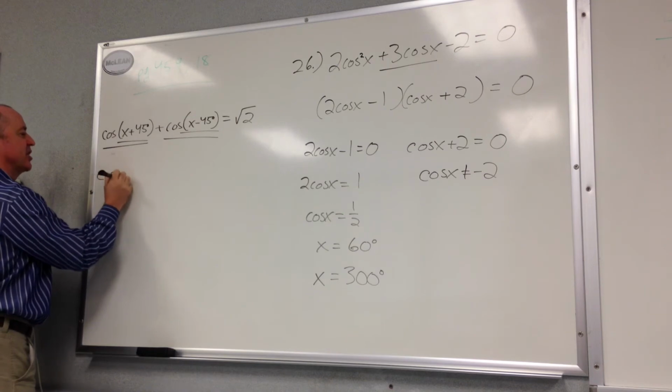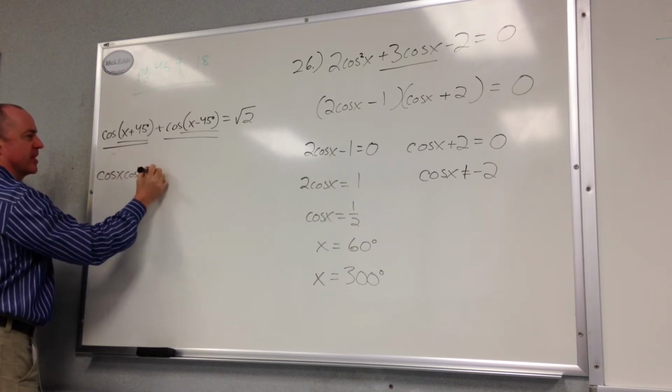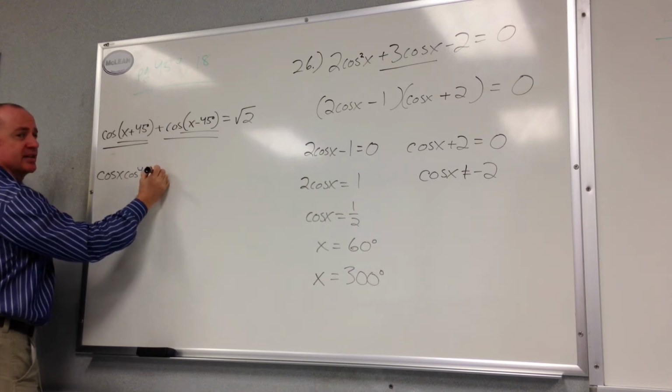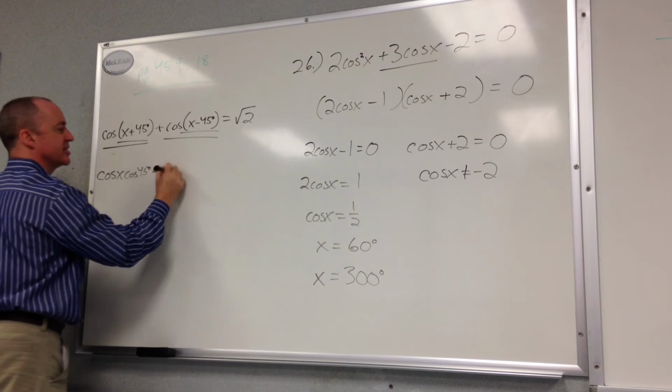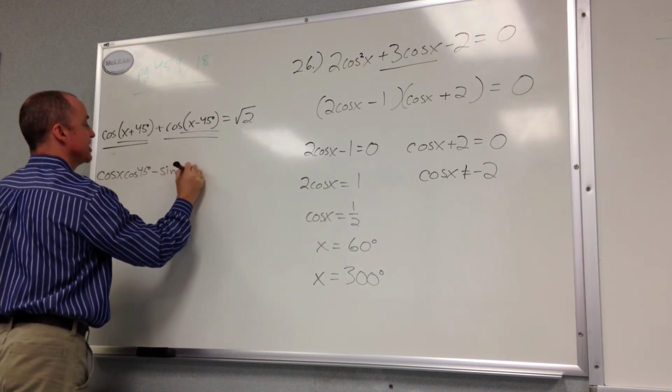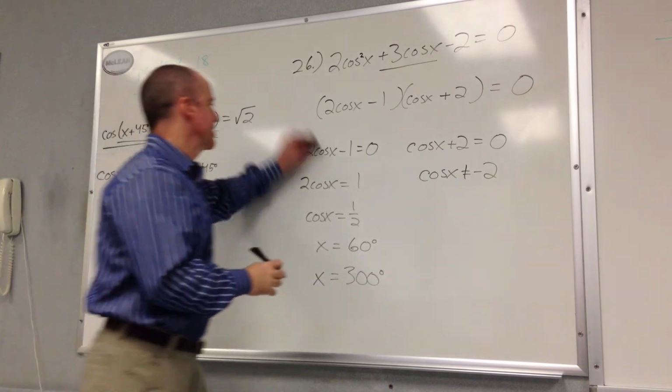So this becomes cosine x cosine 45 degrees. Is it plus or minus sine for this one? Minus sine x sine 45 degrees.